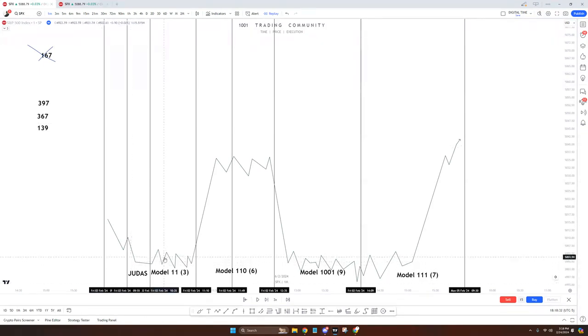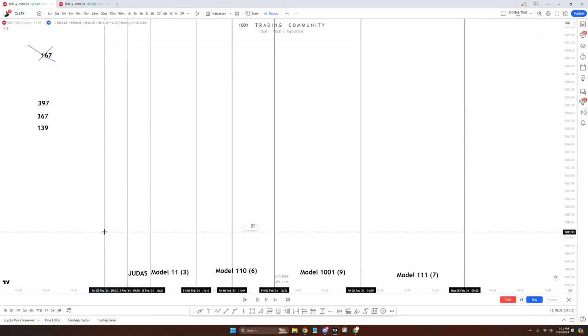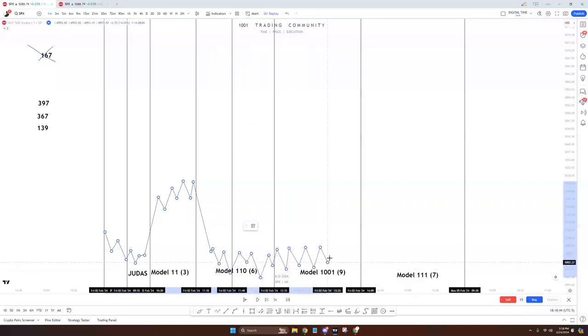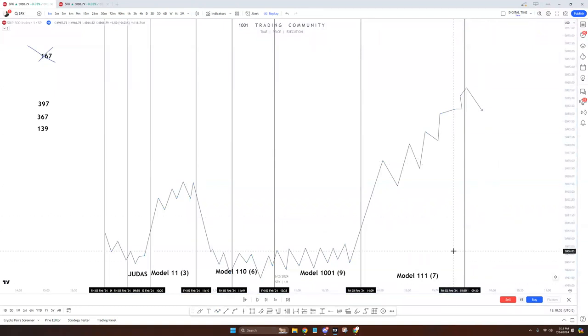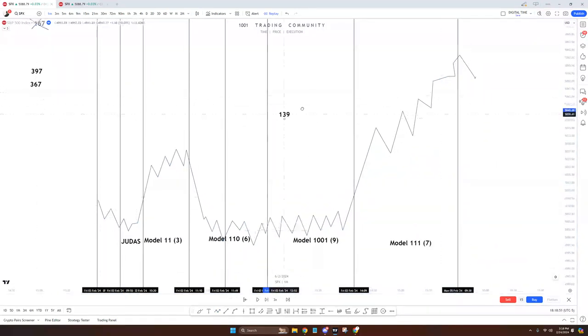So what would 139 look like? Expansion, reversal at Model 11, Model 6 time distortion, more generated liquidity at the end of Model 1001, distribution. That is what 139 looks like.